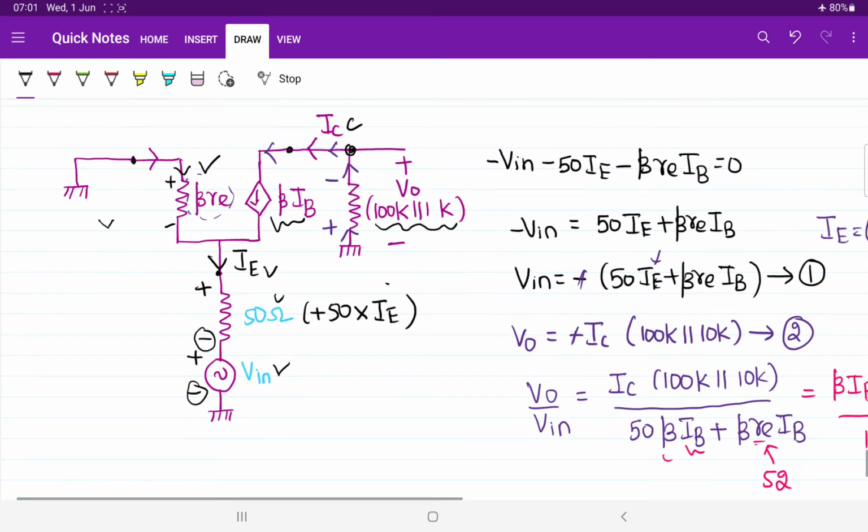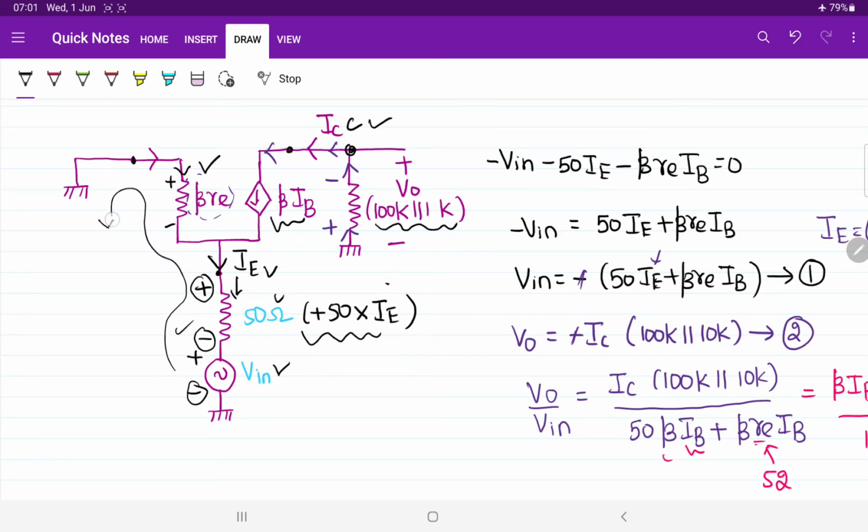Okay, sir. Now, the rest of the things I have written already. This is the collector current, the branch current, and this is called the emitter current. So the voltage drop can be written as emitter current into resistor value. According to the direction of the current, the current entering point is plus and the leaving point is minus for the resistor. Then apply KVL for the input loop.